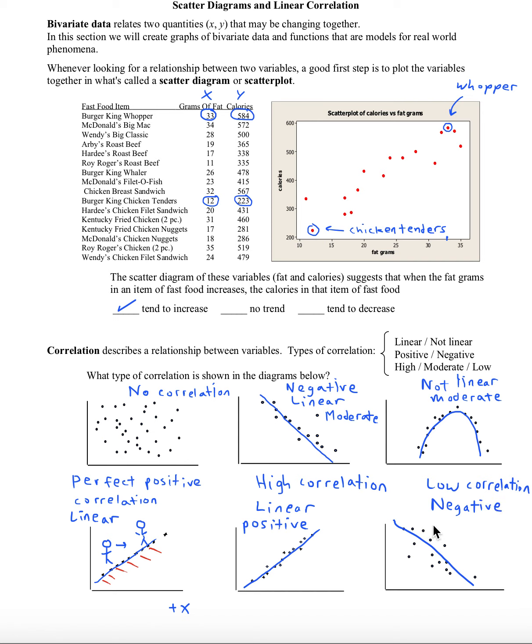The reason for that is as we walk across this cross section as if it were a cross section of Earth, we would be walking downhill. That's why it's negative. And we could argue that it's linear as well.